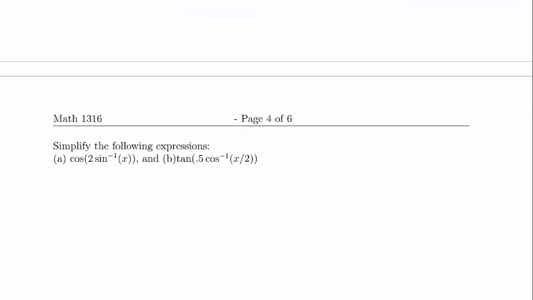All right, so let's do a pair of quick examples real fast, one using the double angle and the other one using the half angle. So for A, we have cosine of 2 times the inverse sine of x.